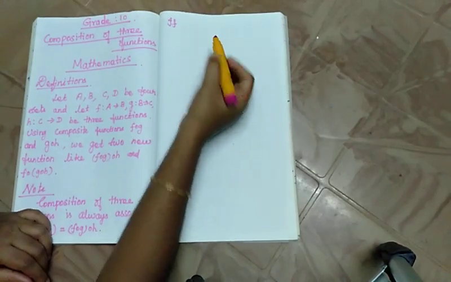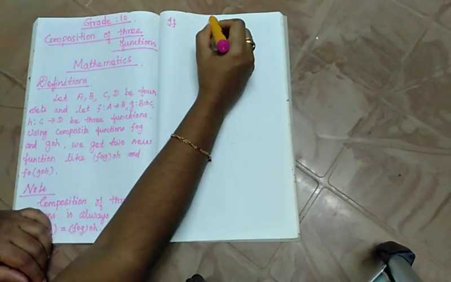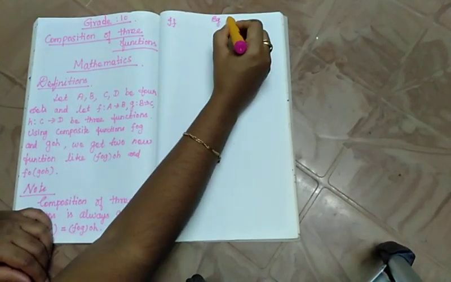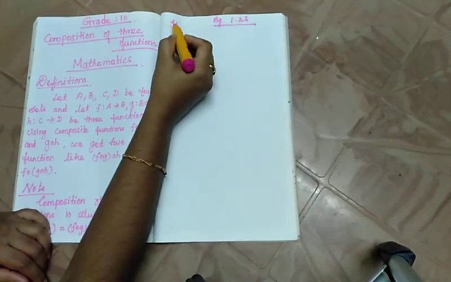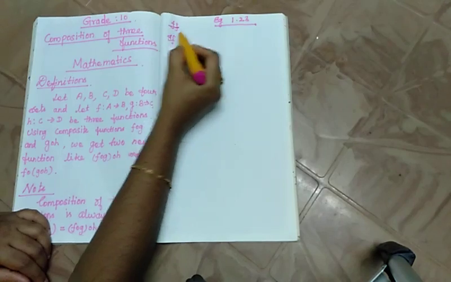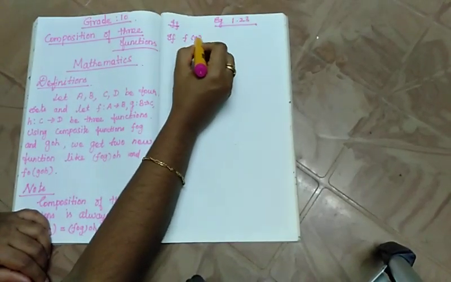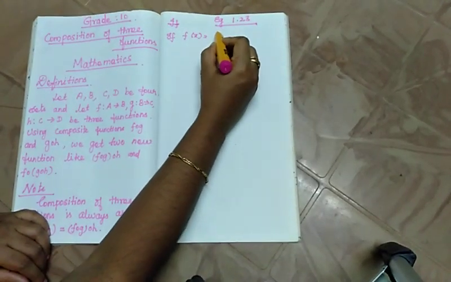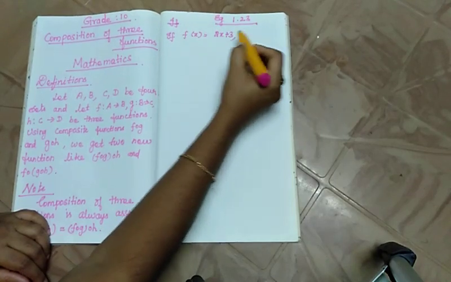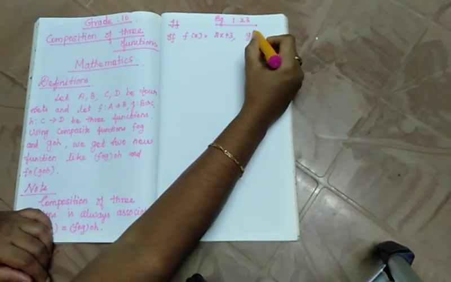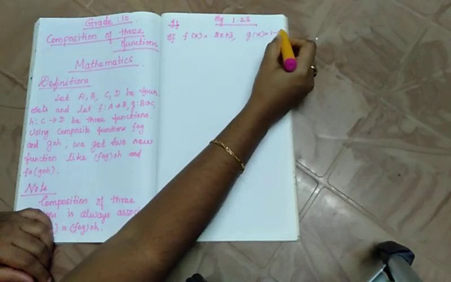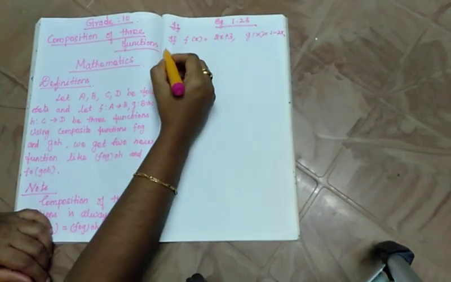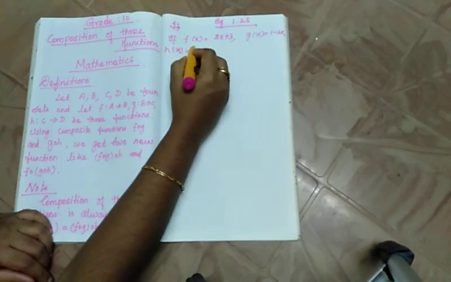So this is example 1.23. Let's see the problem. If f of x is equal to 2x plus 3, g of x is equal to 1 minus 2x, h of x is equal to 3x.